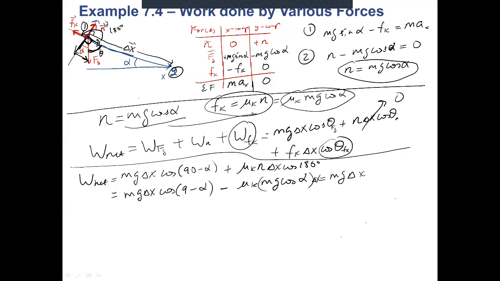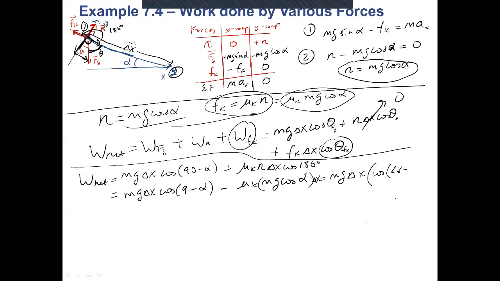So I can factor out mg and delta x. And what I end up with is cosine of, well, it's 90 minus 24, right? 90 minus 24 as an angle for that. 90 minus 24, I get 66.